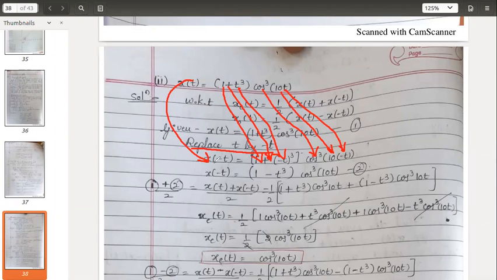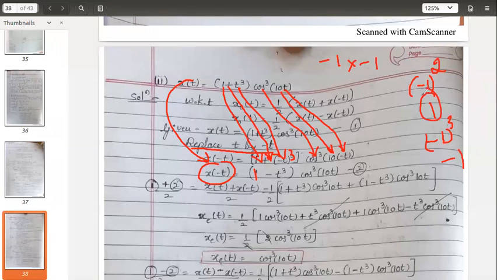So let's see what will happen. LHS as it is, keep it, we can't do anything. 1, what is t cube, minus t cube? If you have minus 1 raised to even power, it will become 1. If you have minus 1 raised to odd power, this will become negative, right? Minus 1 square means what? Minus 1 into minus 1. So when the power is even, the answer will be positive.